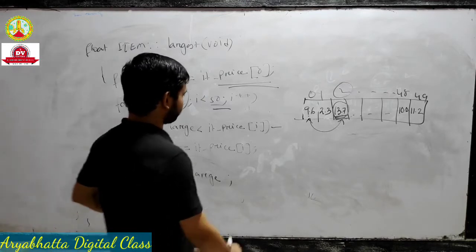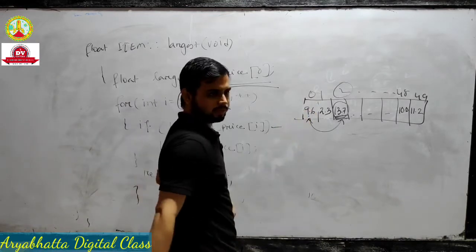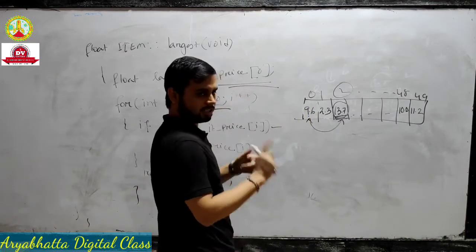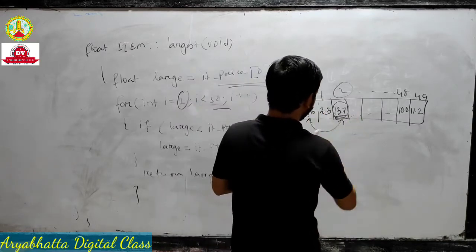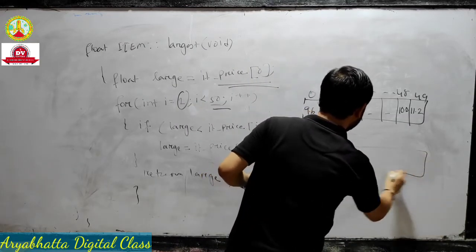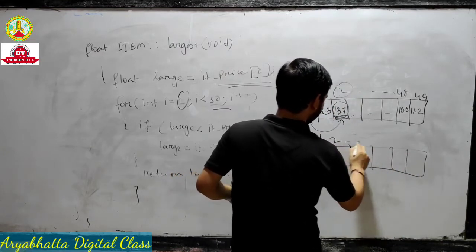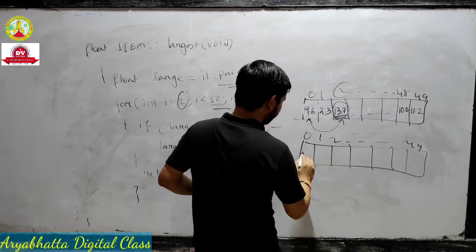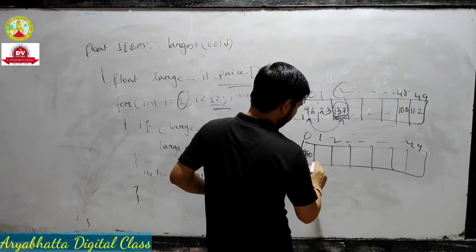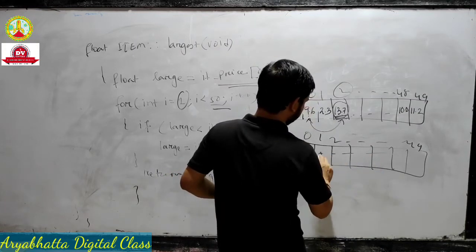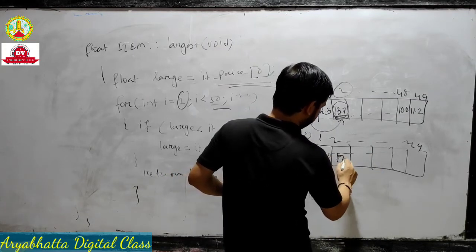Again I am saying that we assume the first value is large, only the first value. In some cases, suppose the first value is 96.0 and all other values are less than 96, suppose 91, 81, like that.